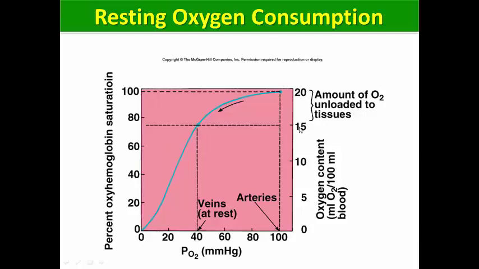So the tissues have taken 5 milliliters of oxygen from each 100 milliliters of the blood. So from 1 liter of the blood, the tissues would have taken 50 milliliters of oxygen. So from 5 liters of the blood, which is the cardiac output, the tissues of the body would have taken 50 multiplied by 5, 250 milliliters of oxygen, which is the resting oxygen consumption.